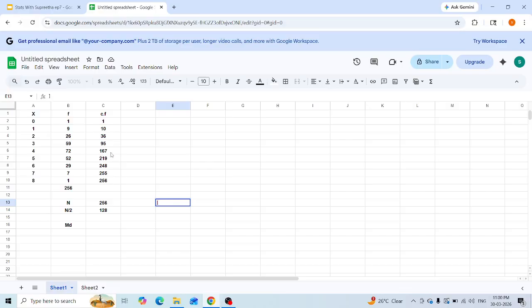Hence the value corresponding to 167 is 4, the value of x. So the number of heads is 4. The median number of heads is 4.